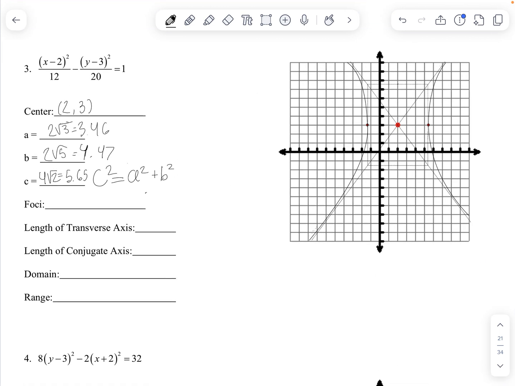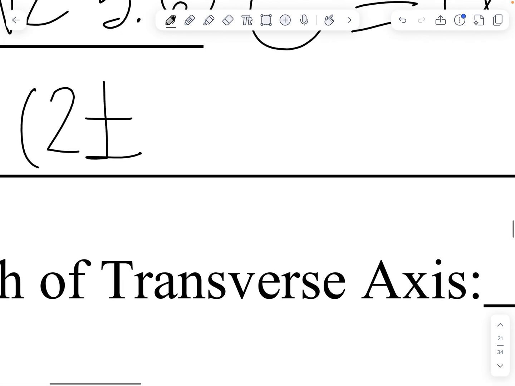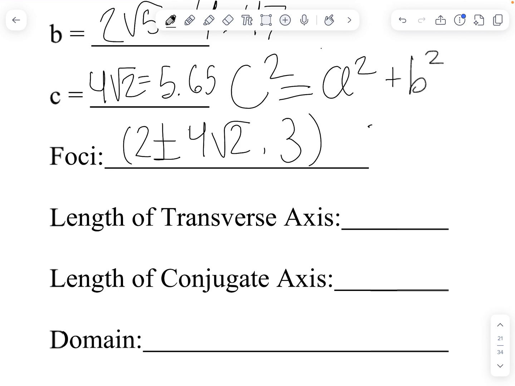So now we have to graph the foci. For the coordinates, this is just based off of the center point. So 2 plus or minus 4 root 2, comma 3.